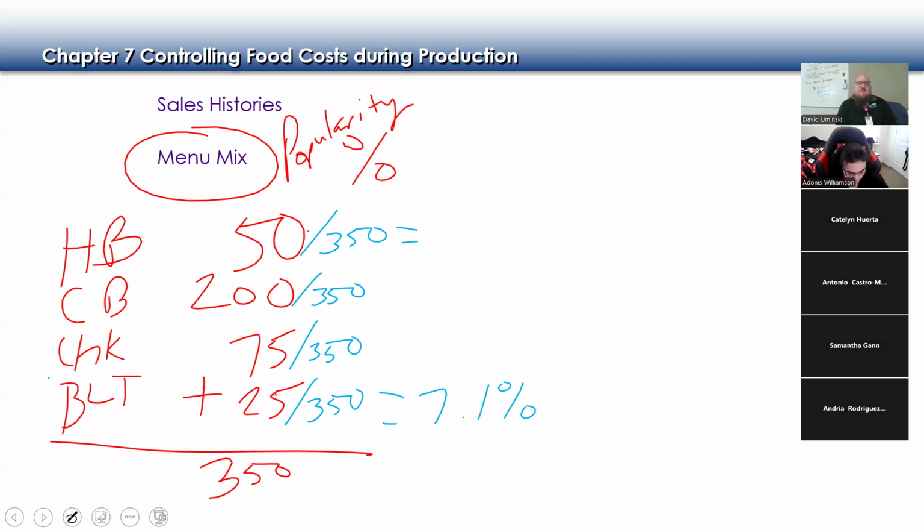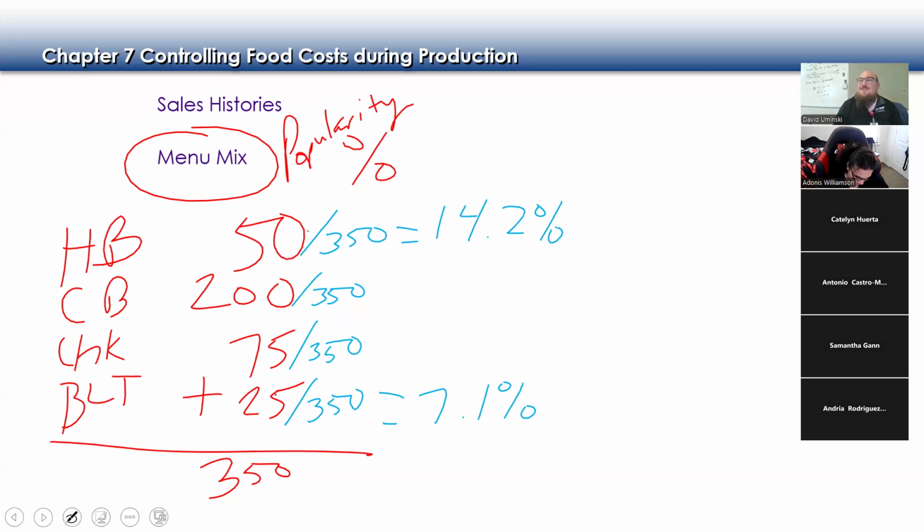All right, so if 25 is 7.1%, how much is 50? I think it's 14.2. See now why I want to do 25 increments?